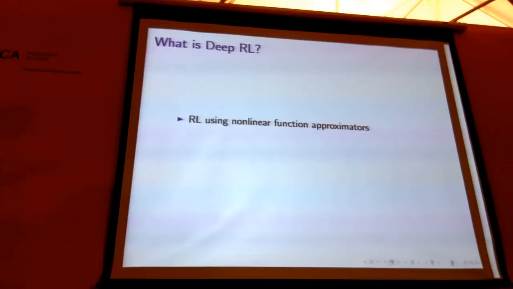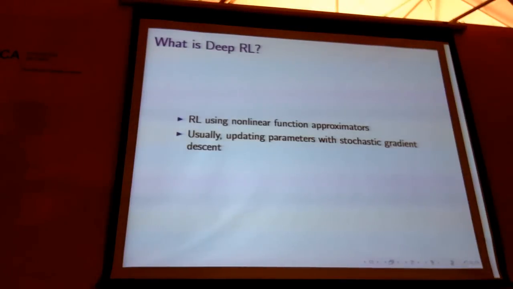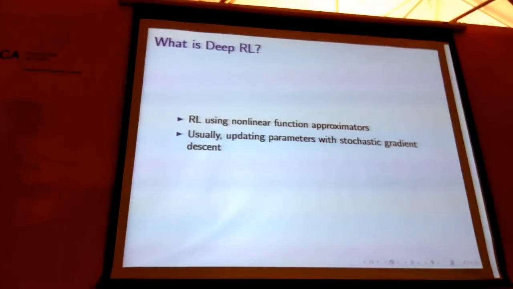Okay, so what is deep reinforcement learning? It's just reinforcement learning using nonlinear function approximators, where you don't make a lot of assumptions about the form of the function approximator. If you look at any reinforcement learning textbook, it'll probably talk about using linear function approximators, or function approximators that are linear in parameters.